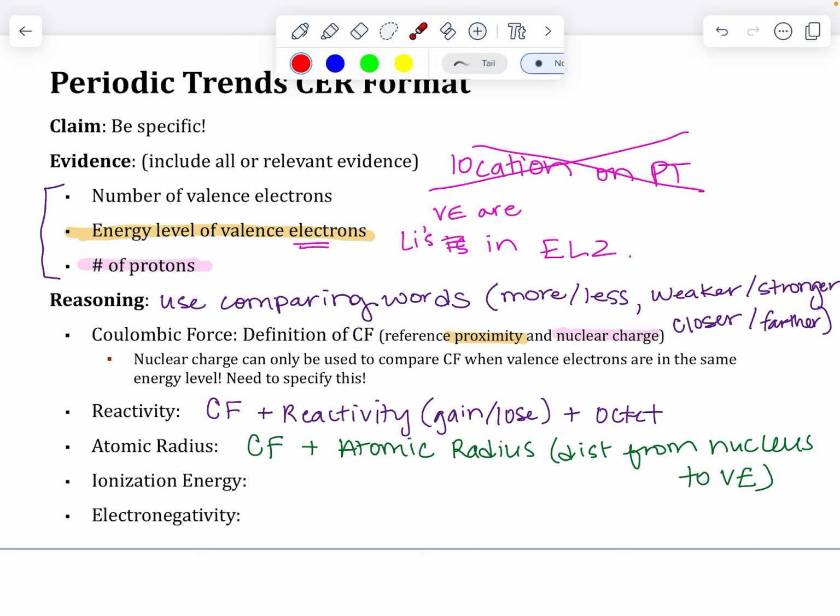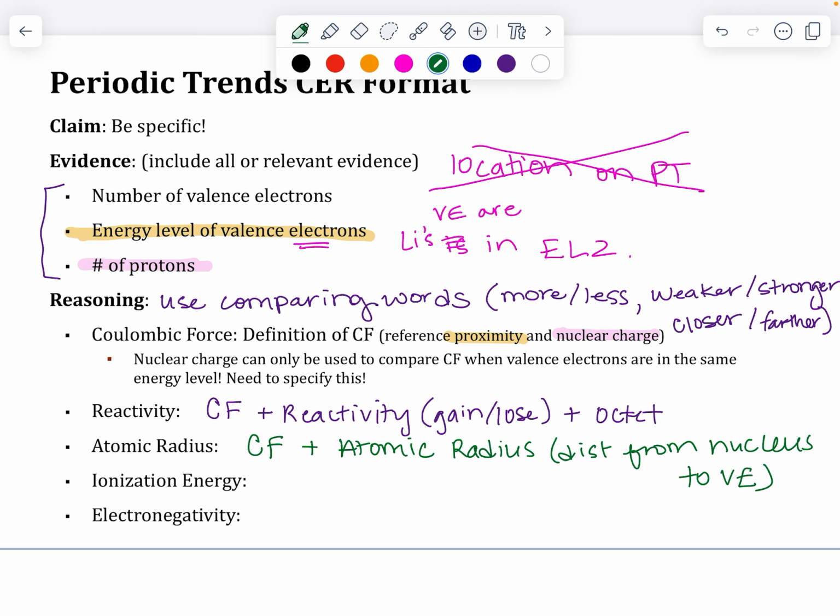If your valence electrons are already in different energy levels, that changes that proximity. And so then that's the one time you might not need to talk about coulombic force. But if those valence electrons are in the same energy level, you will have to talk about how nuclear force influences that distance from the nucleus to the valence electrons, which is atomic radius.